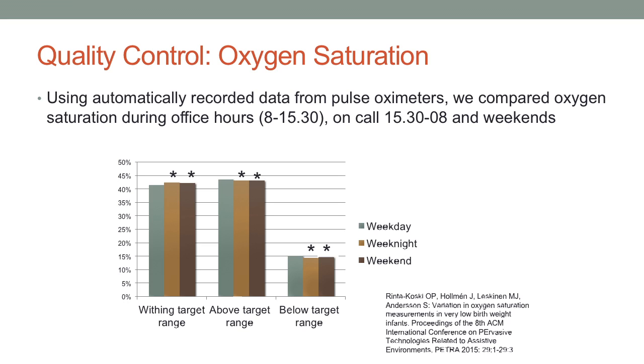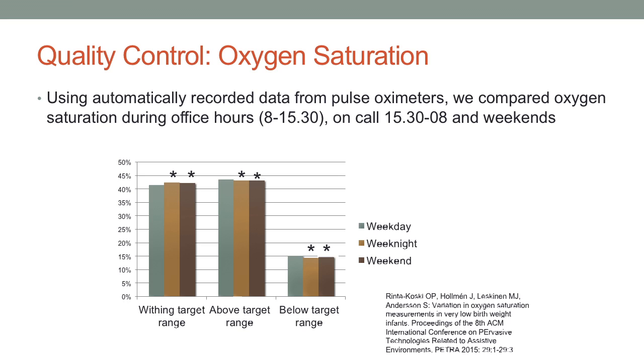So, to give an example of how this can be used for quality control, we have in the database over 30 million measurements of oxygen saturation, and also the daily target range is entered by the doctors. What should be the lowest target level and highest target level?